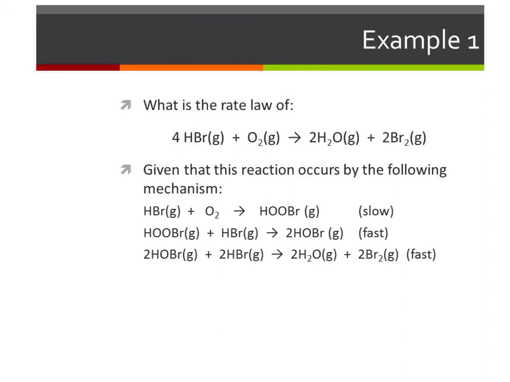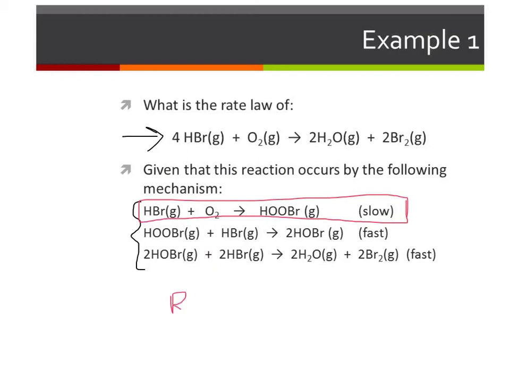In this example here, it's asking us for the rate law for this reaction, given that it occurs by this mechanism here. What you want to do is look for the step that is rate determining, and then you're going to base your rate law on this step alone, because the other steps don't matter, they will happen quickly.